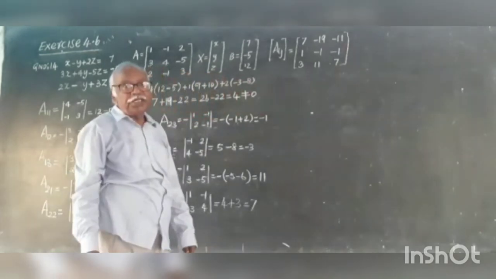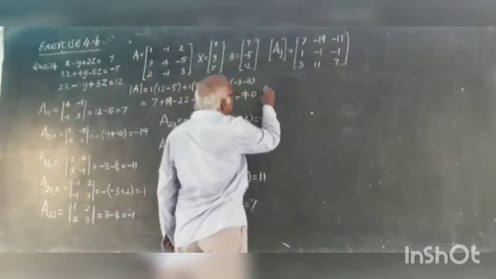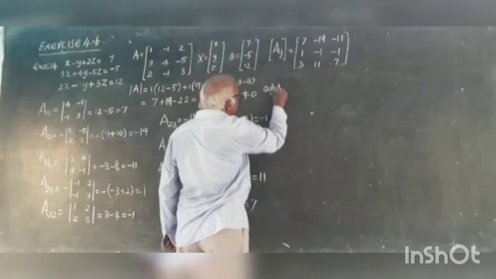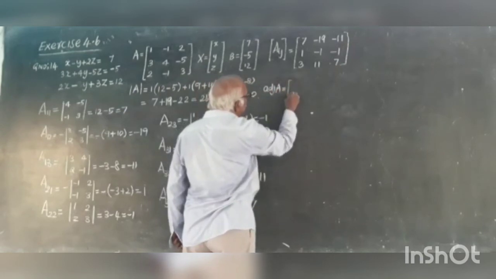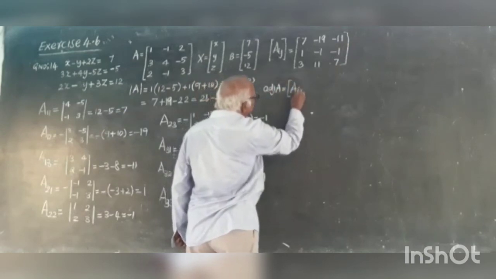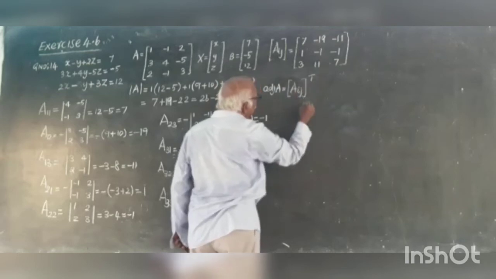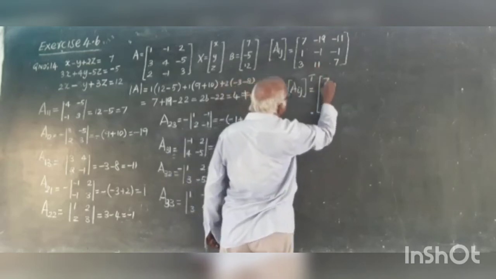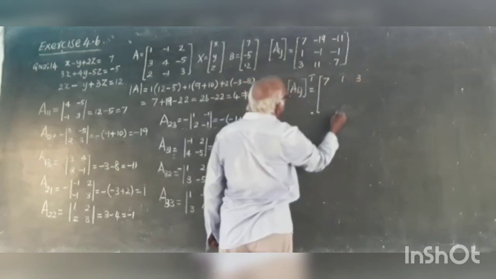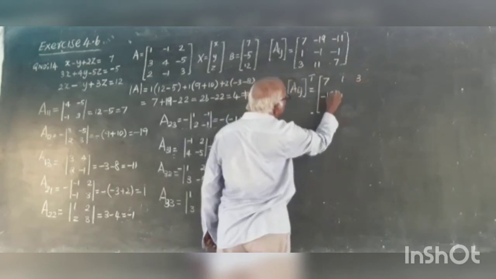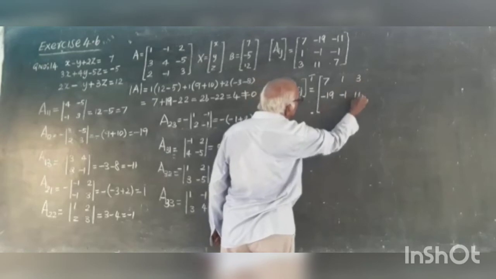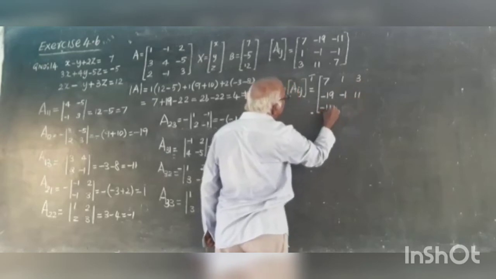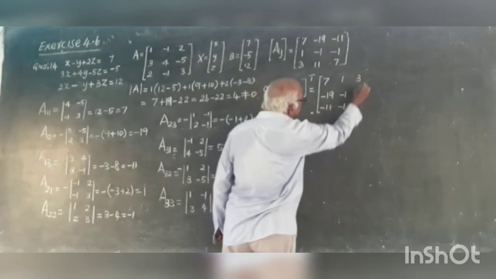Then we have to find the adjoint matrix. Adjoint A is equal to Aij, the whole transpose, is equal to 7, 1, 3, minus 19, minus 1, 11, minus 11, minus 1, 7.